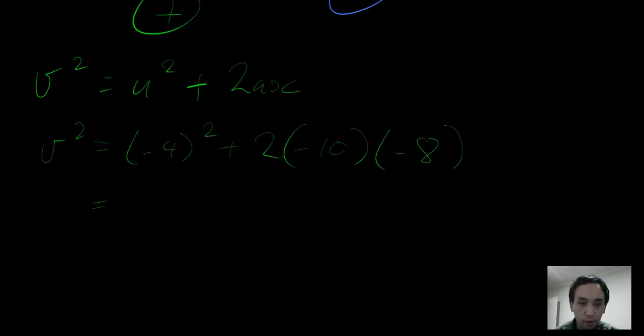So if we evaluate all of this, we get 16 plus, let's see, 80 times 2, that is 160. So 176. Of course, this isn't our final velocity, this is just the final velocity squared. So we need to square root this number.